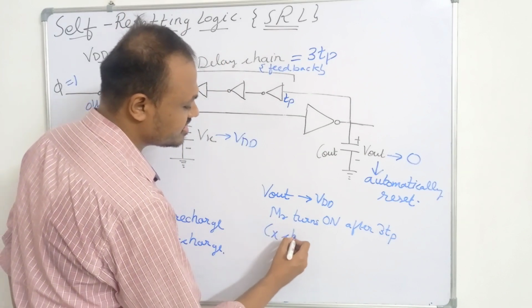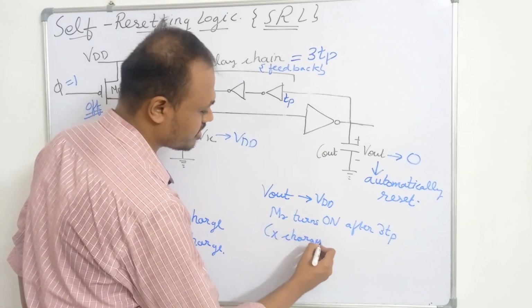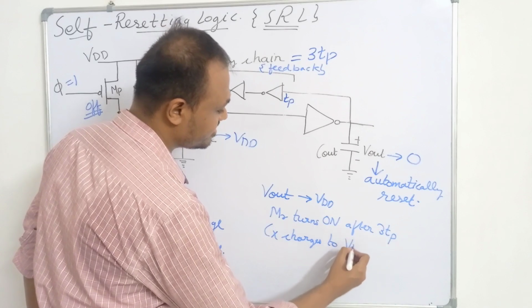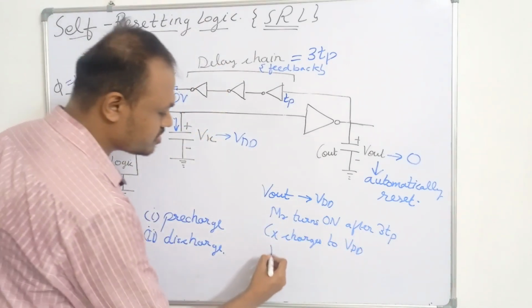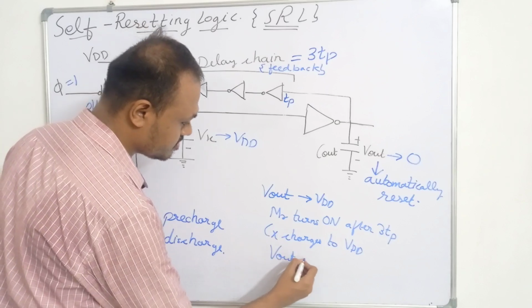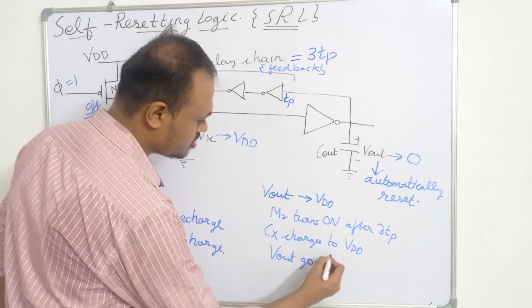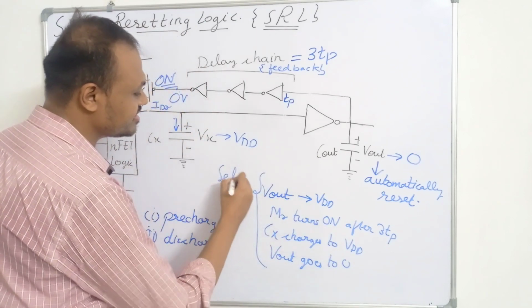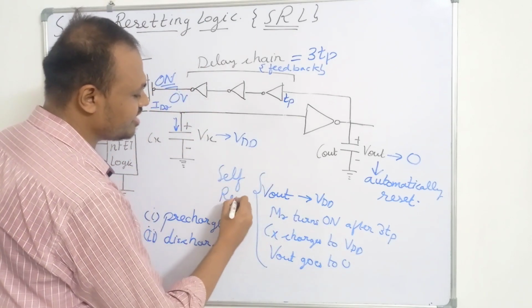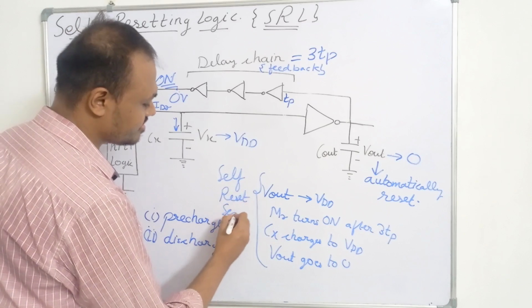Cx charges to VDD, the capacitor charges to VDD, and Vout goes to 0. So this is the self-resetting sequence.